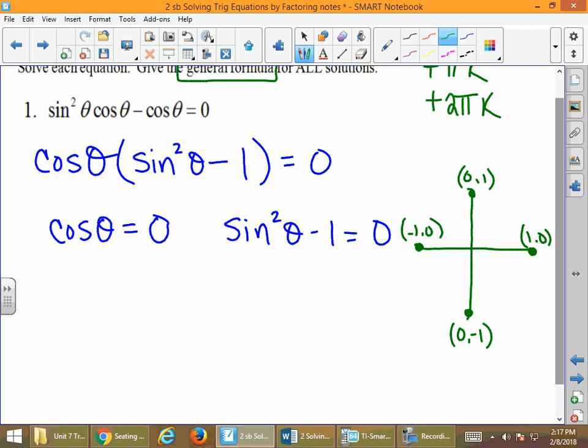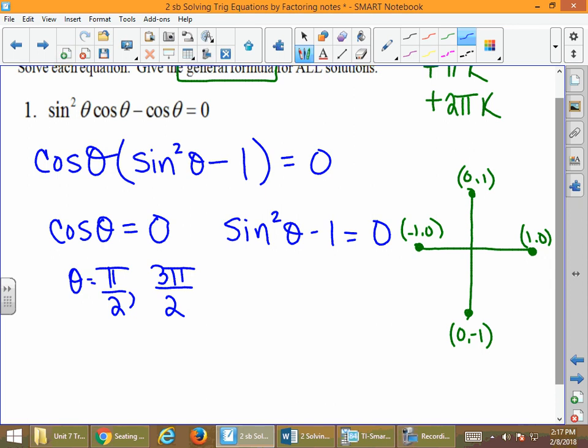Cosine is an x value. So where on our unit circle is cosine 0? Well, what we see is that the x value of 0 is at the top here, which is pi over 2. And it's also at the very bottom, which is going to be 3 pi over 2.